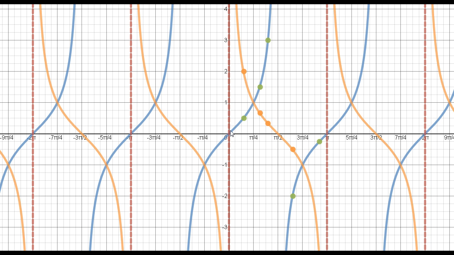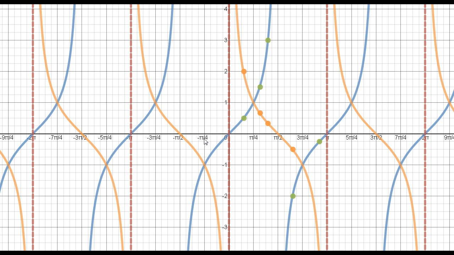So whereas where the tangent function is rising, the cotangent function is falling. Instead of the tangent function going from negative pi over 2 to pi over 2 for a single period, we now have cotangent going from 0 to pi to complete one period. Now the period for both is pi units long.